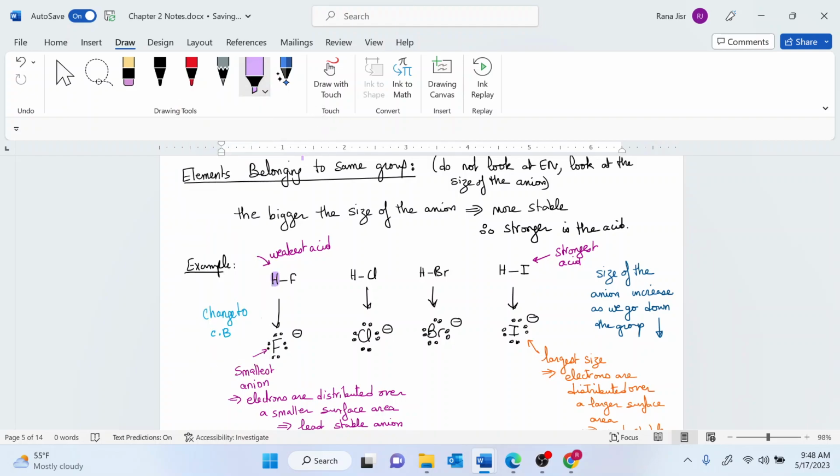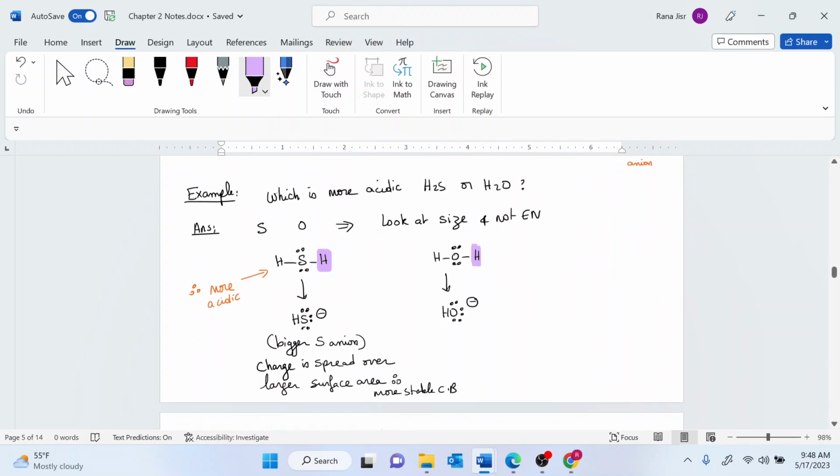So whenever your acidic hydrogen is directly connected to elements that belong to the same group, in this case you have to apply the size of the ion rule rather than electronegativity. The bigger the ion, the more distributed the charge is, the more stable is the ion, the more acidic is the acid.